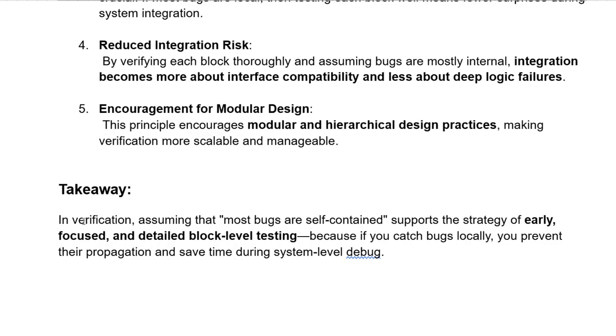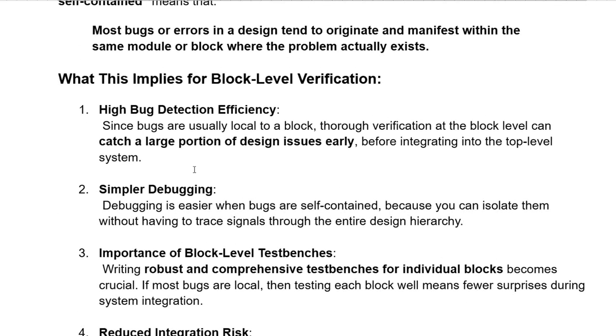Takeaways in verification: assuming most bugs are self-contained supports the strategy of early, focused and detailed block level testing, because if you catch the bugs locally, you prevent their propagation and save time during system level debug.